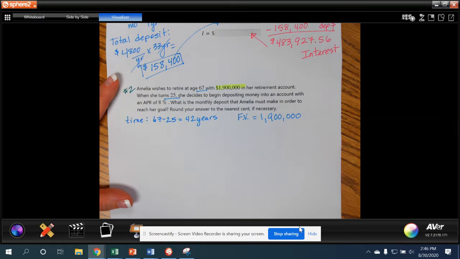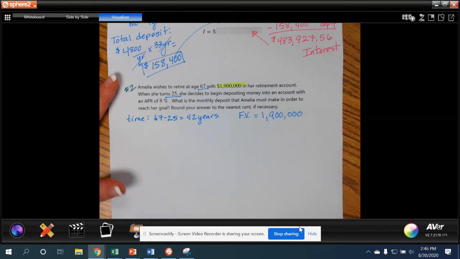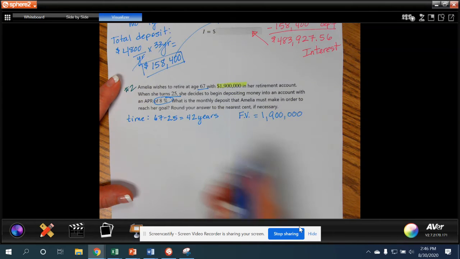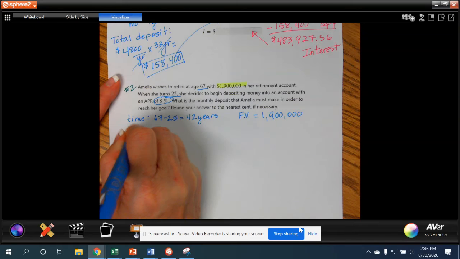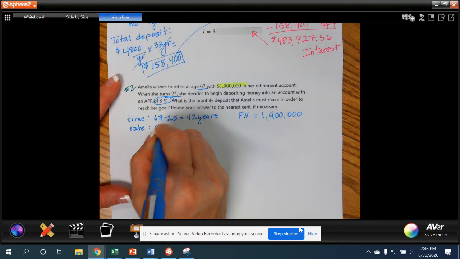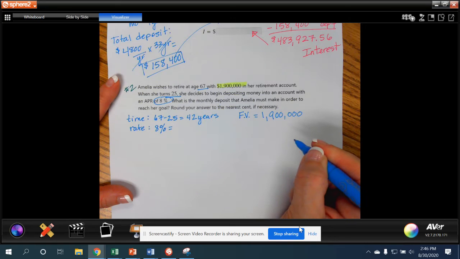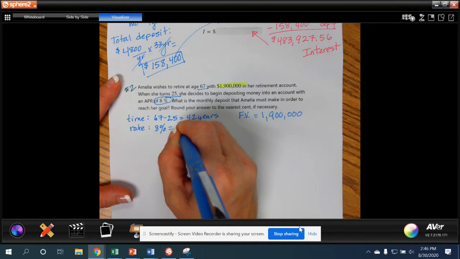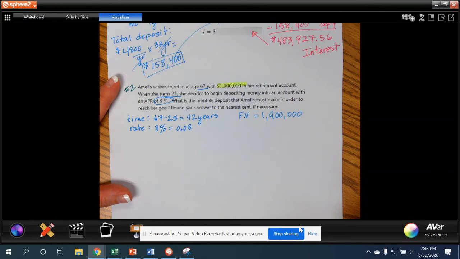Now, the other items we need to know is the rate, they told us that one. So our rate, which is our R, is going to equal 8%, but we must change that to a decimal, so we divide by 100 or move it 2 decimal places to the left, and you get 0.08.